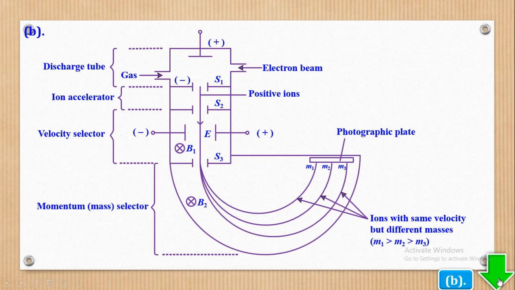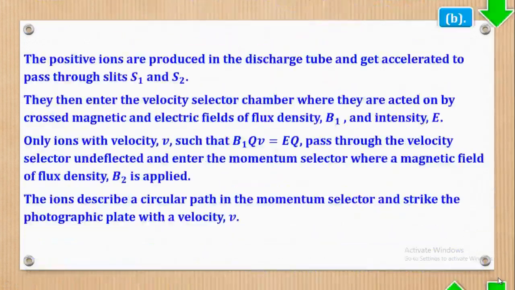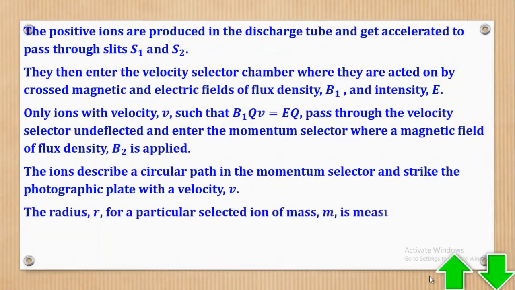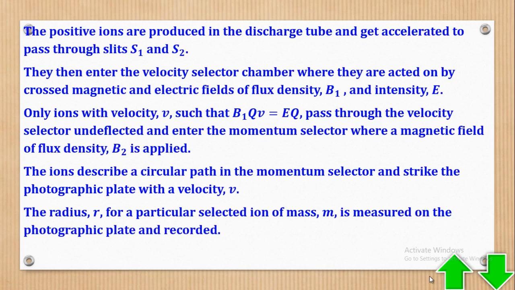What about line 5? So line 5 says the radius r of a particular selected ion of mass m is measured on the photographic plate and recorded. So let's show that.